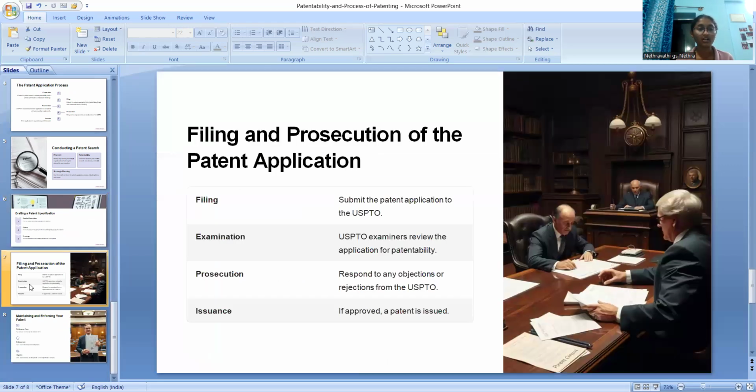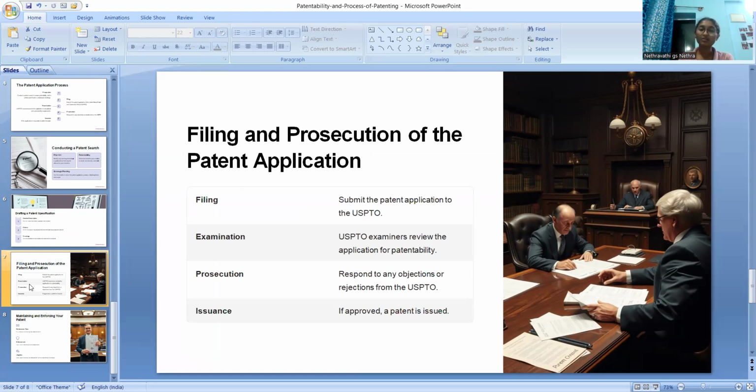Next comes filing and the prosecution of the patent application. Here it involves the filing, examination, prosecution, and assurance as the steps in the patent process.